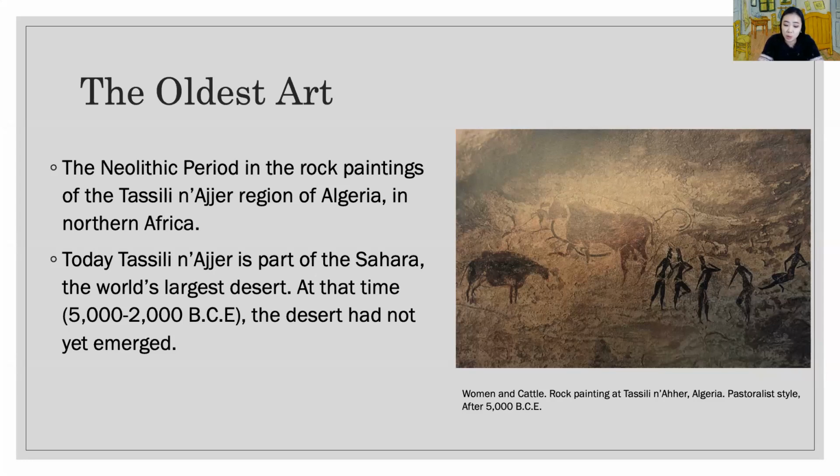So we can assume that at that time, the desert had not yet emerged. The region was a vast grassland, home to animals, plants, and the people we see depicted here. The figures depict humans and animals in actively posed, stylized silhouettes.